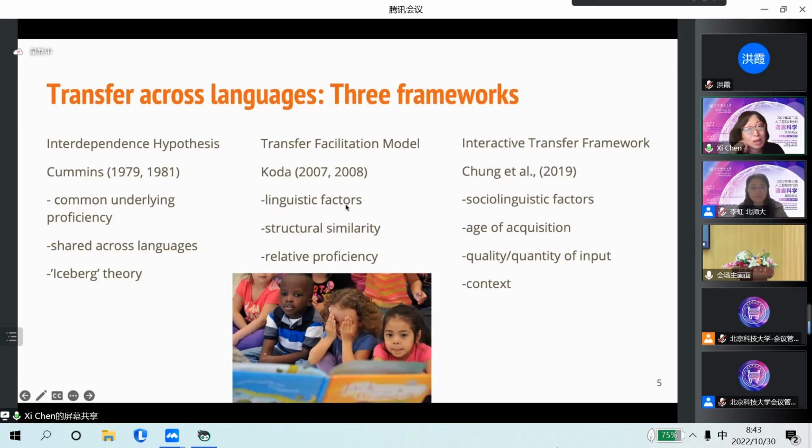And Keiko Koda proposed the transfer facilitation model. According to this model, cross-language transfer is affected by a number of factors. Linguistic factors: whether two languages are closely related. English and French are closely related languages.